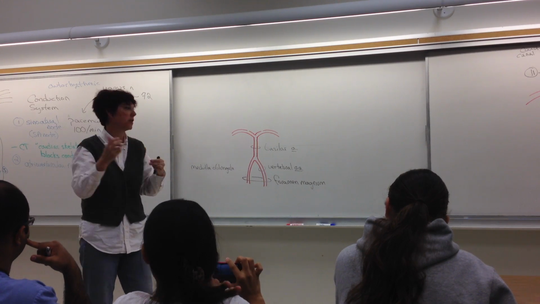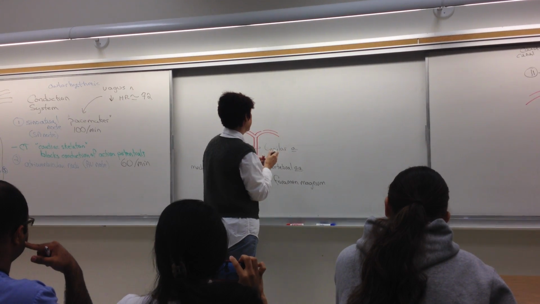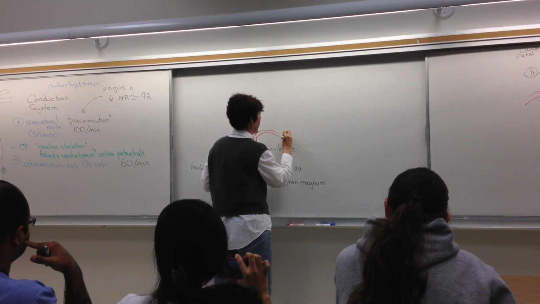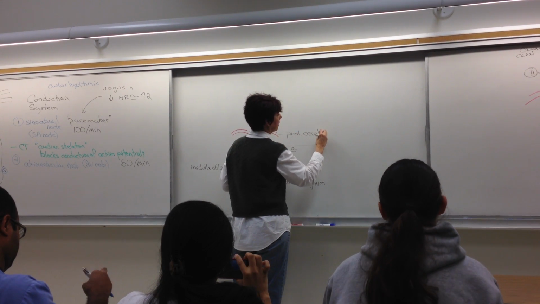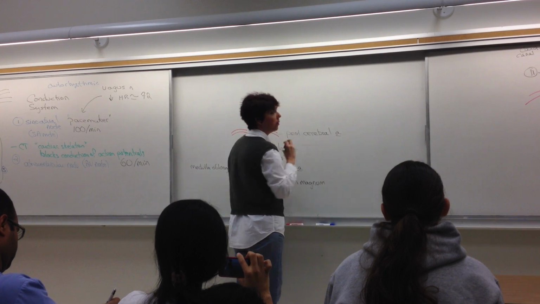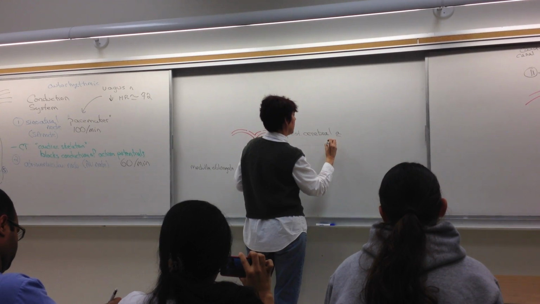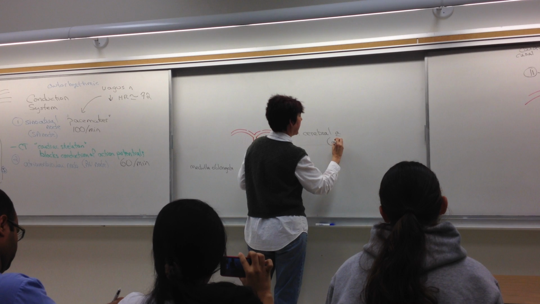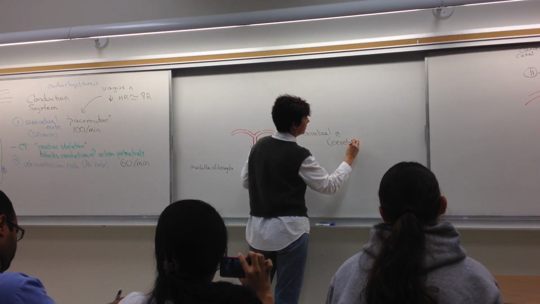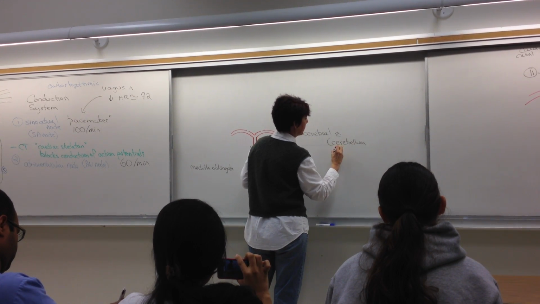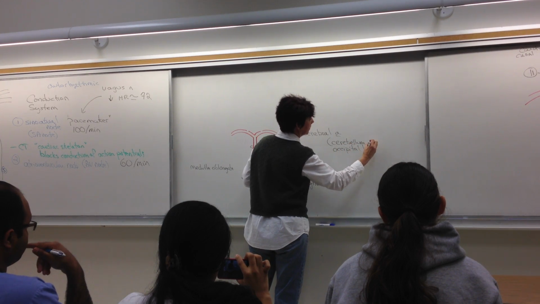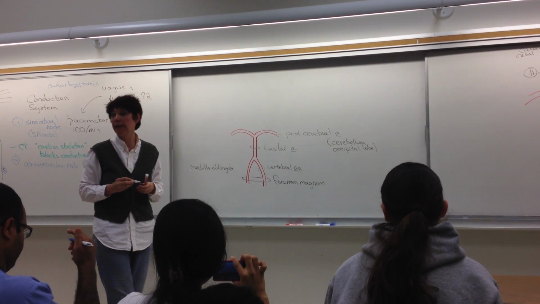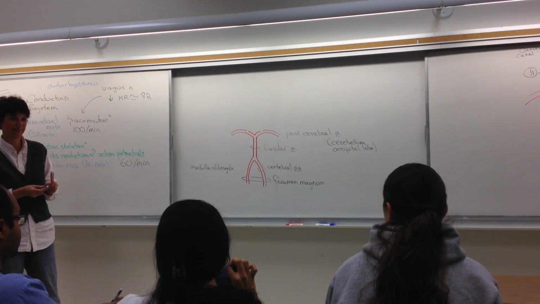Those are our most posterior structures. And so these 2 vessels are identified as the posterior cerebral arteries. All right? So to the cerebellum and occipital lobe. And that's the blood supply derived from the vertebral arteries.